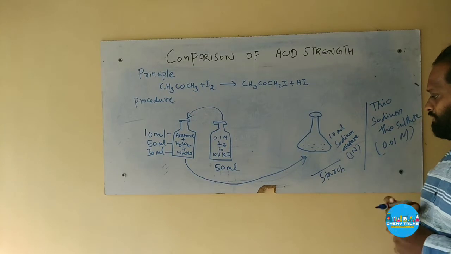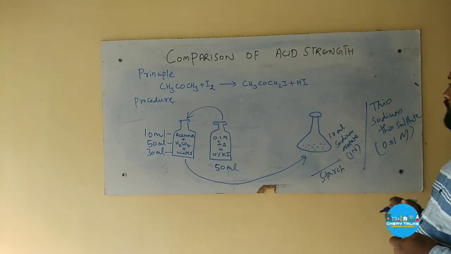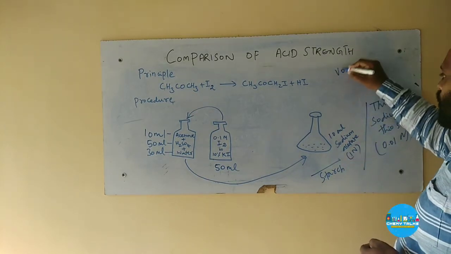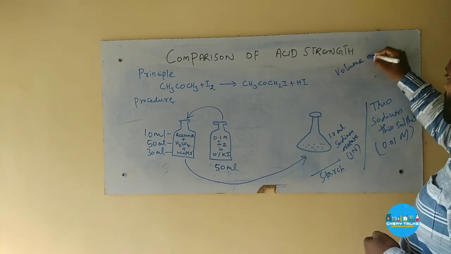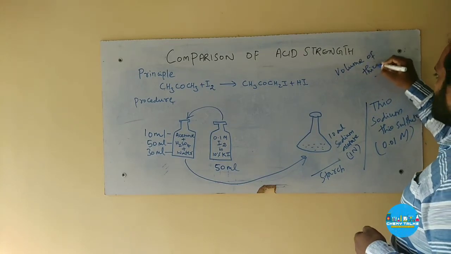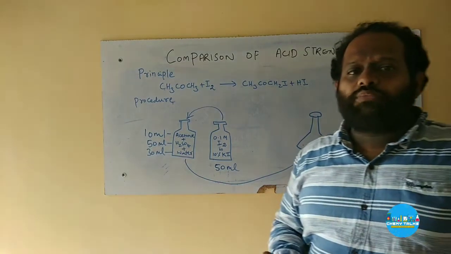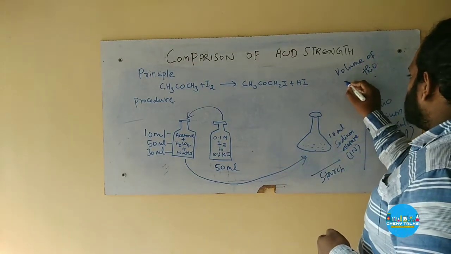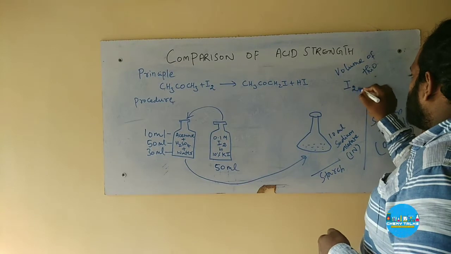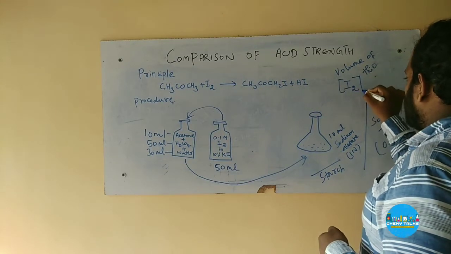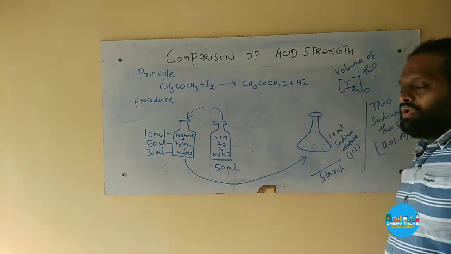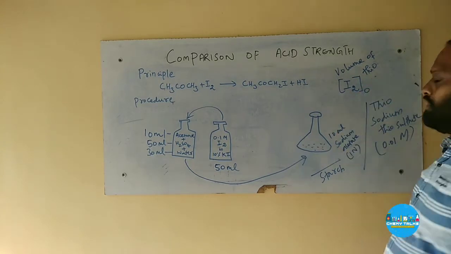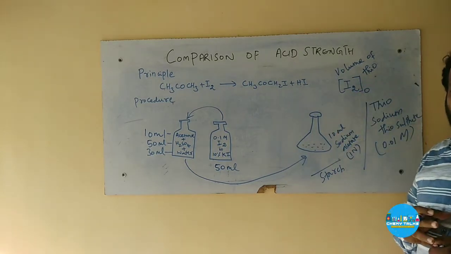This is the end point. At the end point we note the volume of thio. From the volume of thio we can calculate the initial concentration of iodine, which is I2 naught, the initial concentration of iodine.